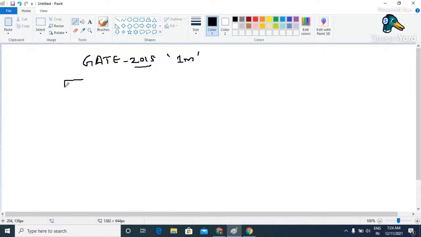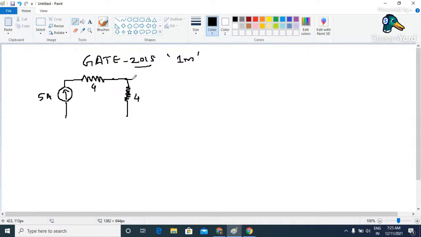Here we have a current source of magnitude 5 ampere, and somewhere over here we have a 4 ohm resistor, and then again somewhere over here we have a 4 ohm resistor.